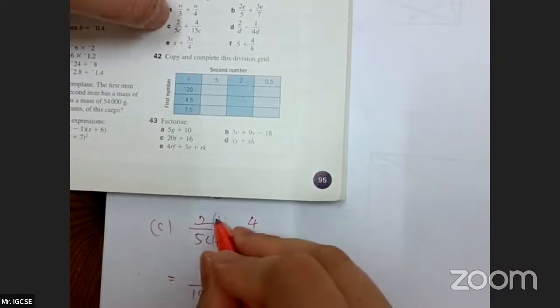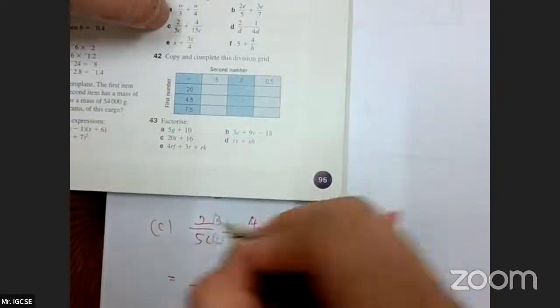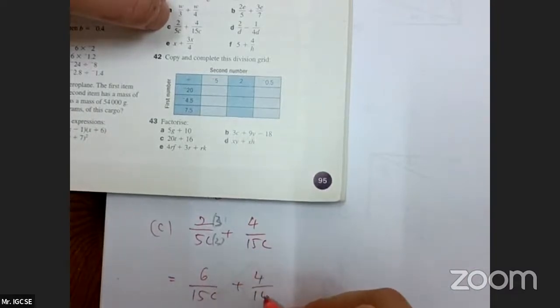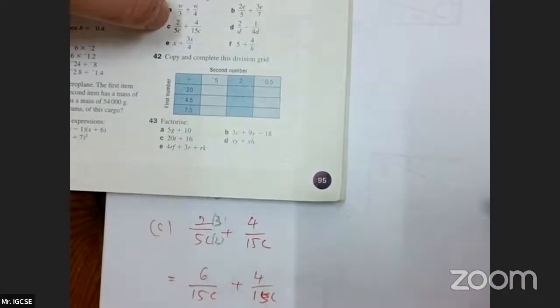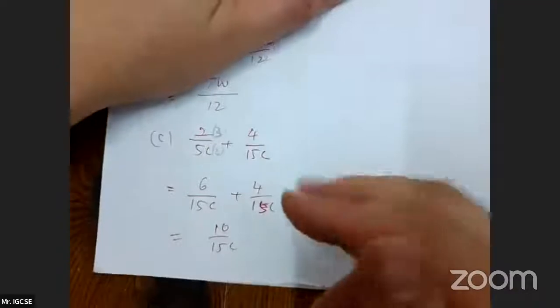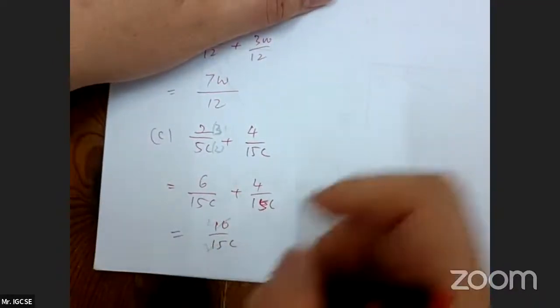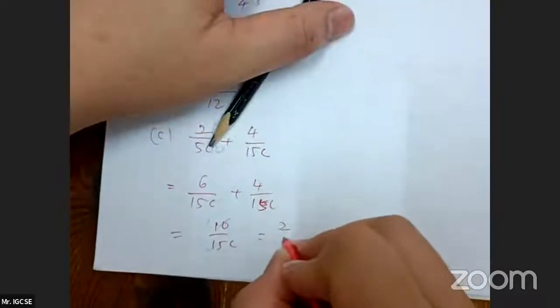Then you have times 3, so you have the 6, and then you have the 4 here. So my answer will be 10 over 15C. Because of this one, you can still simplify. This is 2, this is 3. So my answer will be 2 over 3C.